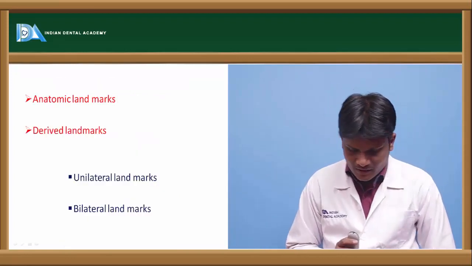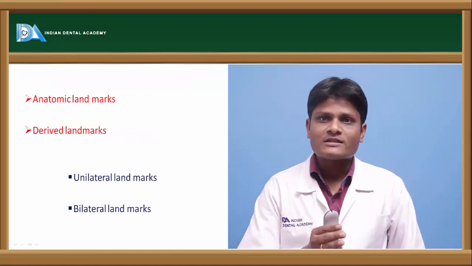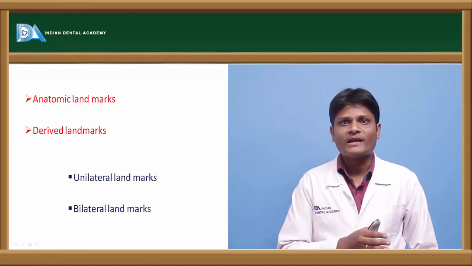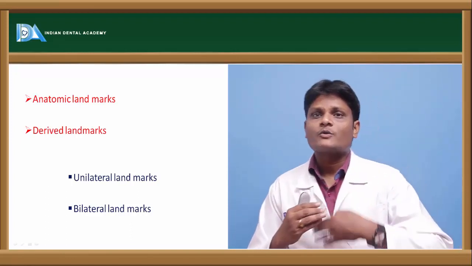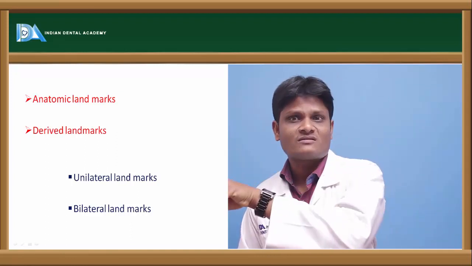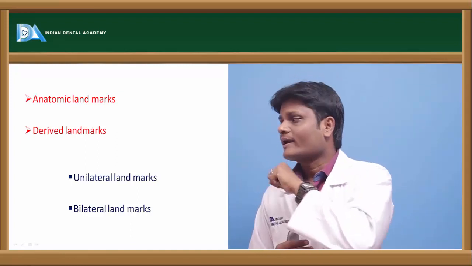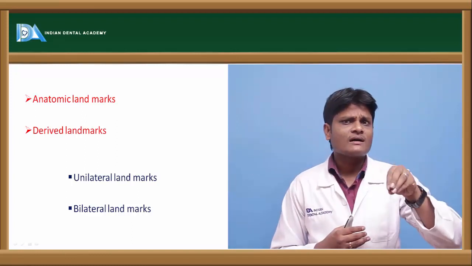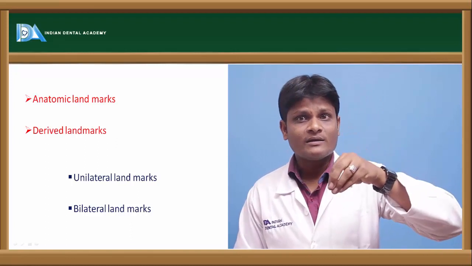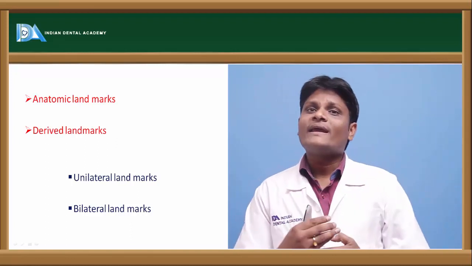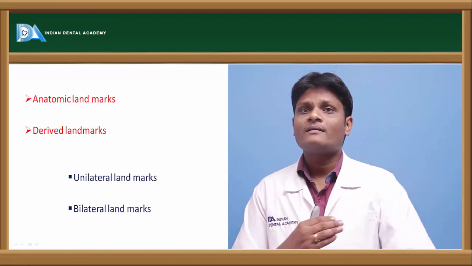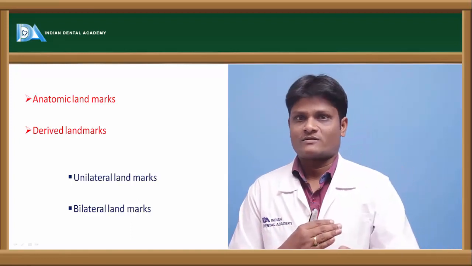Cephalometric landmarks can be classified into anatomical as well as derived, and they can be further classified into unilateral or bilateral. Anatomical landmarks are those points which are actual anatomical representations of the structures in the craniofacial skeleton, whereas derived landmarks are those landmarks which are not actually represented anatomically, rather they are obtained by intersection of some planes and bony structures.